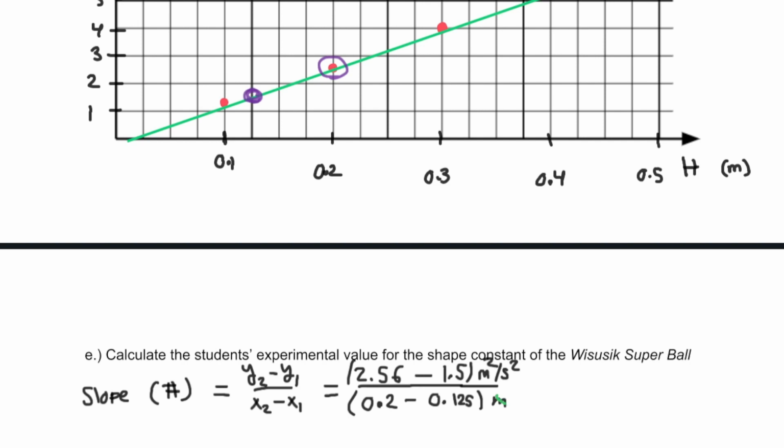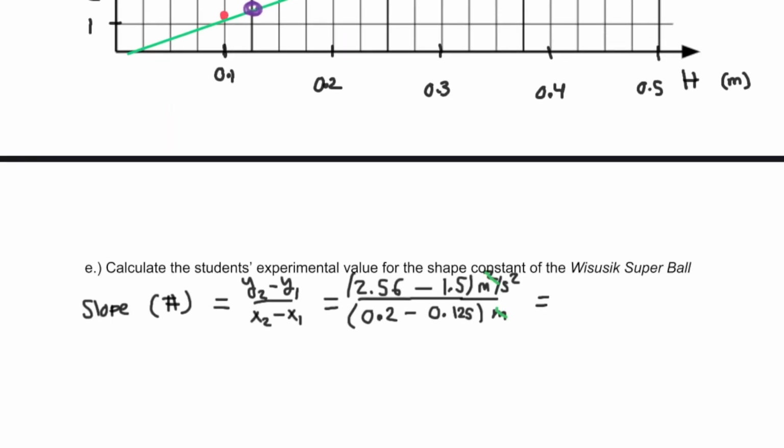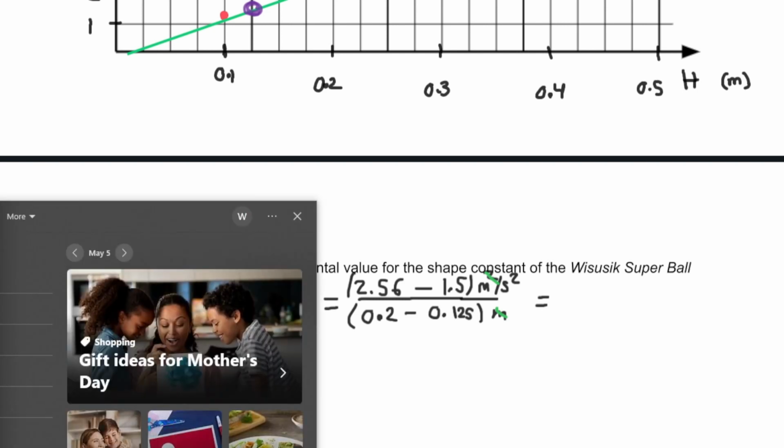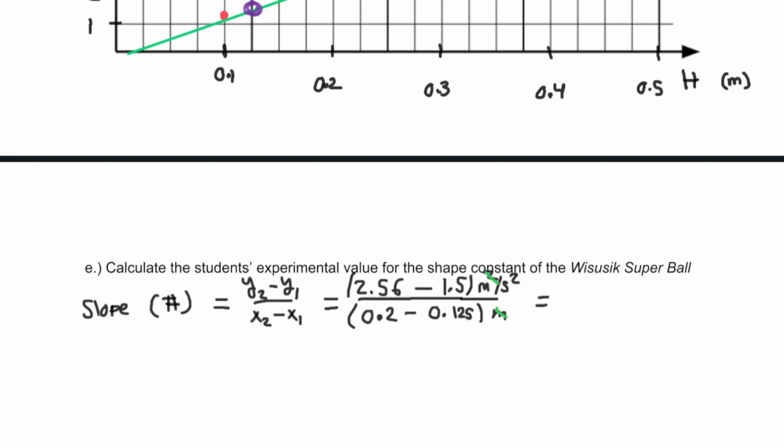And after a quick cancellation of meters here, we do get an experimental value for our slope. We get, let's see, 2.56 minus 1.5 divided by 0.075.